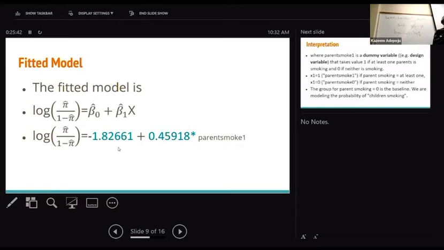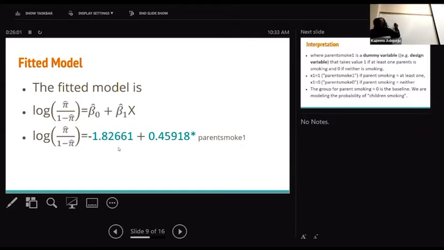If you want to get that in probability form, I'm going to write that now. Because in the exam, in the final, I can ask you to write in probability form or in logit form. This is the logit form.